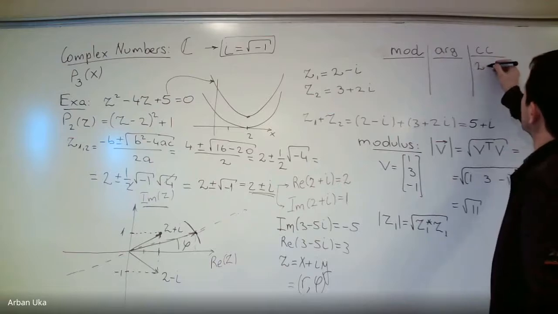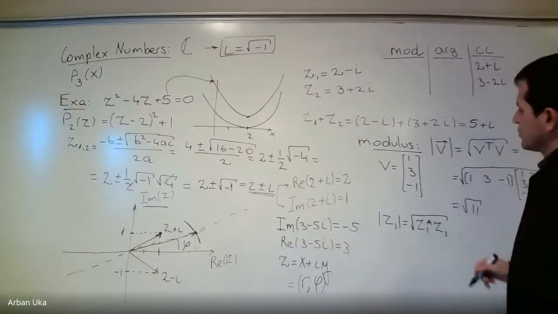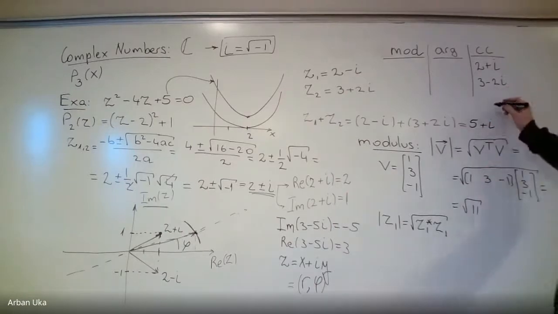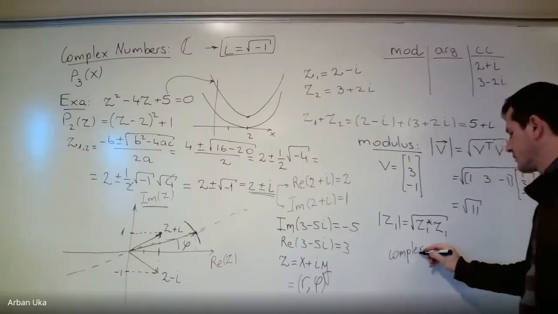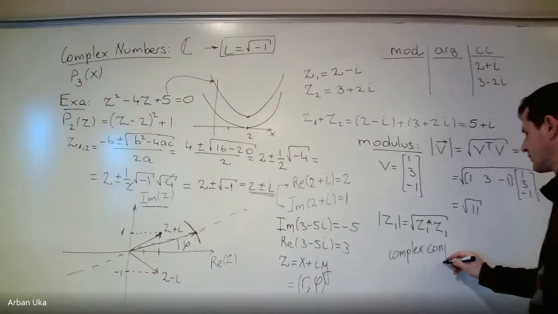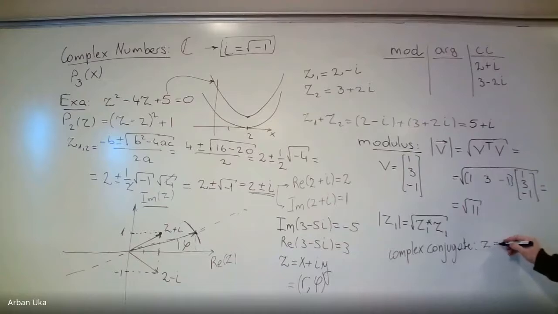Z1 complex conjugate is 2 plus i, and Z2 complex conjugate is 3 minus 2i. For any Z which is x plus iy, the Z complex conjugate is defined as x minus iy. So the real part remains the same, only for the imaginary part you change the sign.